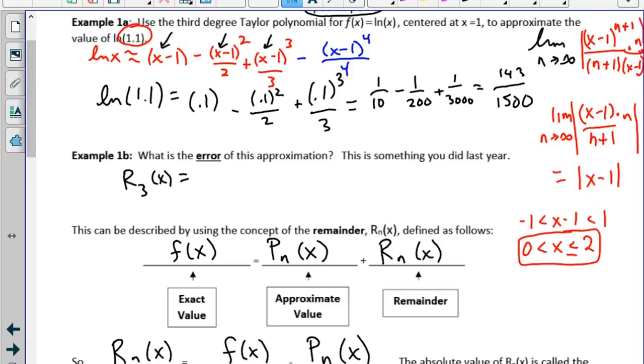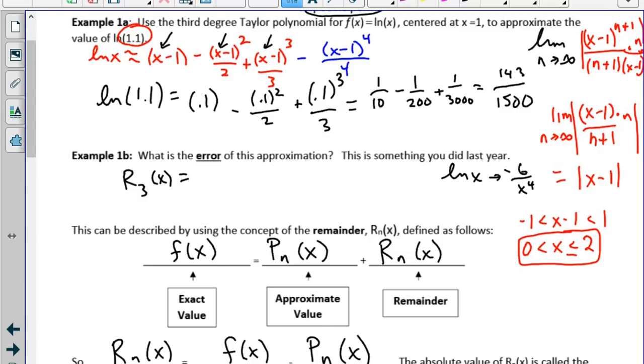Now, the reason why that works is the maximum possible 4th derivative of natural log of x between 1 and 1.1 is 6 over x to the 4th. If I plug in 1, then I get 6. Well, it's actually -6, but I'm taking an absolute value essentially.